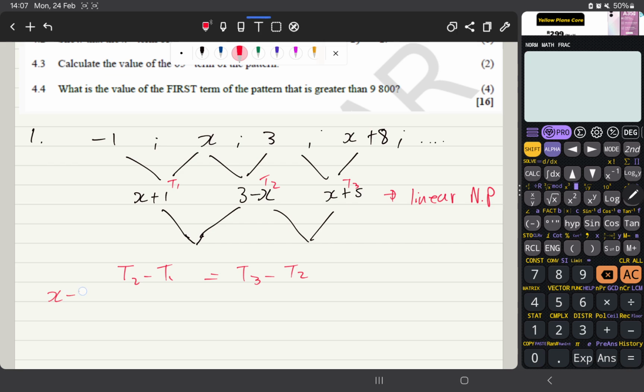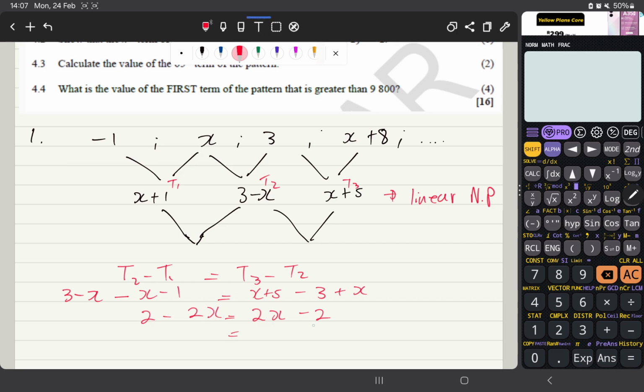I have 3 minus x, minus x minus 1, equals x plus 5 minus 3 plus x. And now I'm just doing the maths. On this side I have 2x minus 2, on that side I have 2 minus 2x.